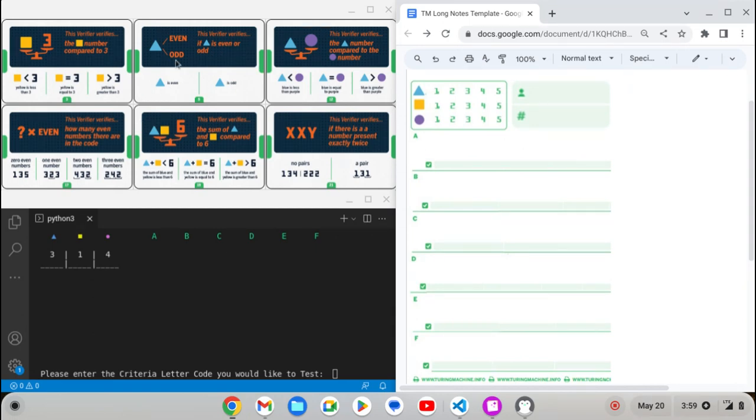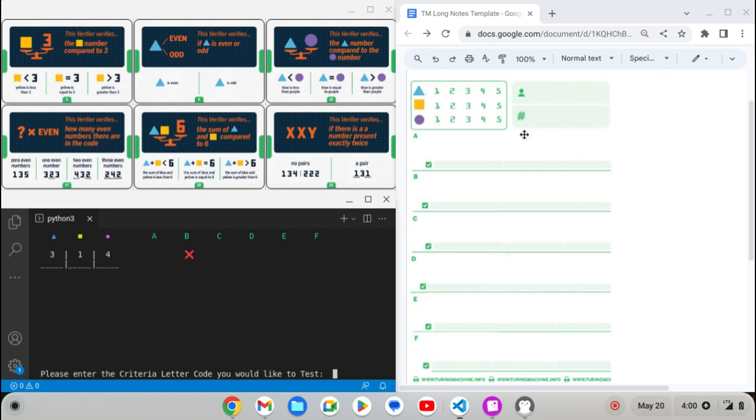We're going to use the proposal 314 to begin. I'm going to start by testing B, and I want to find out whether that first digit is even or odd. Okay, so the Turing machine does not approve of my proposal. If I look at the triangle digit in my proposal, it's odd. So it's basically saying, no, that triangle digit should not be odd. It must be even.